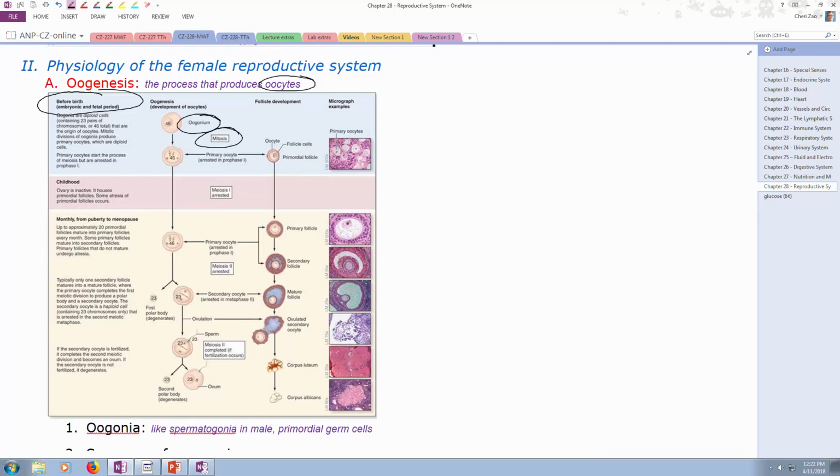Then, once the population has been achieved, these cells are no longer mitotically active. This is very different in the male system. We have mitosis in the ovaries for women and mitosis in the testes for men, and with mitosis you always get 2 sets of chromosomes in the daughter cells.